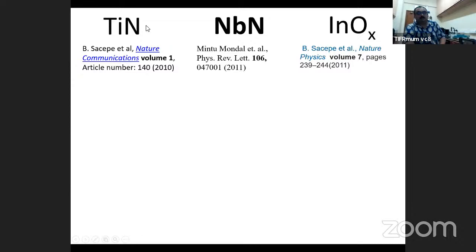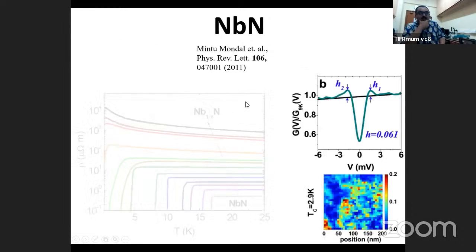Two of the works were by the same first author, Sacépé, who is a French physicist, and one of them, which was on niobium nitride, was done in our group by Mintu Mondal. Mintu Mondal is a former student who is now a faculty at the Indian Association for the Cultivation of Science. Okay, so I will show you now some data on our work, because that is what I have handy with me.